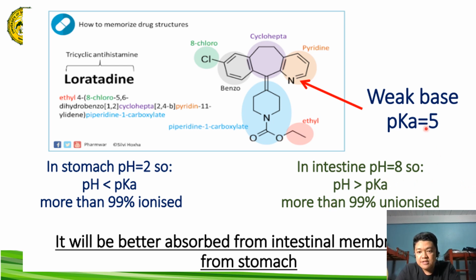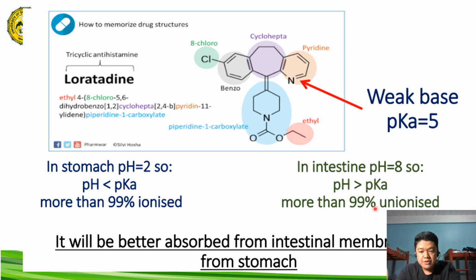Since the difference is 3, the proportion of our unionized to ionized form would be 1000:1. Meaning that for every one ionized form of our loratadine, there are 1000 unionized forms.